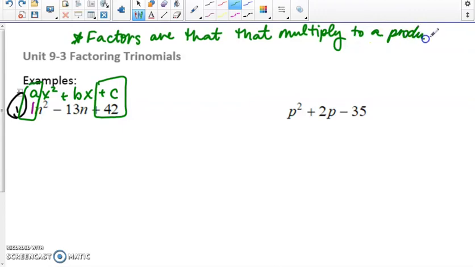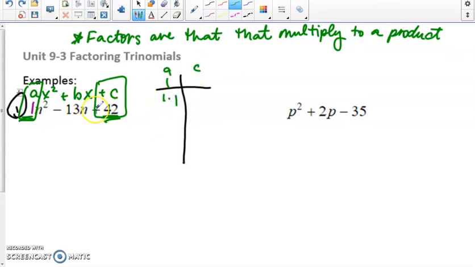So if I say we're going to find the factors of a and c, we're just going to find the factors that multiply to these two numbers. Our first one's my very favorite. A is 1, and the only factors that can multiply to 1 are 1 times 1.